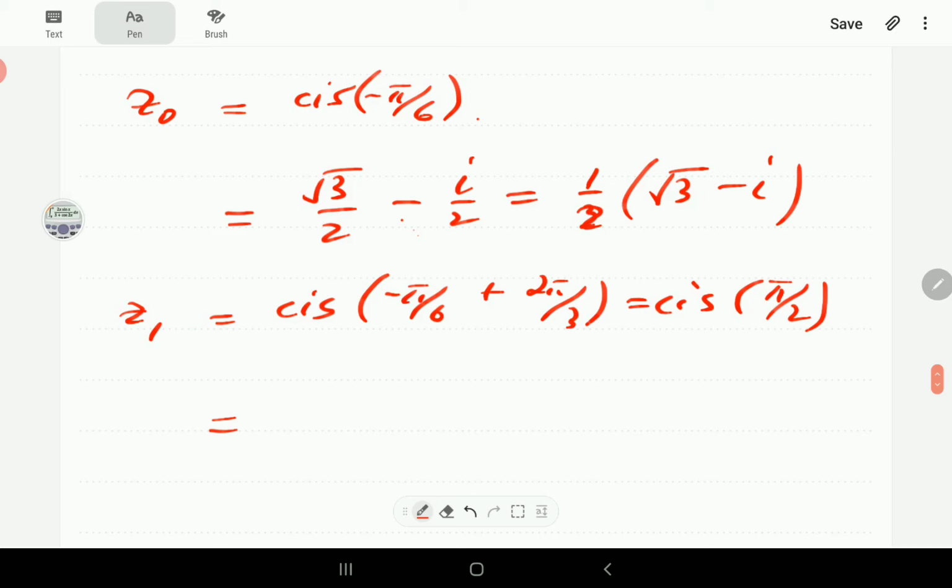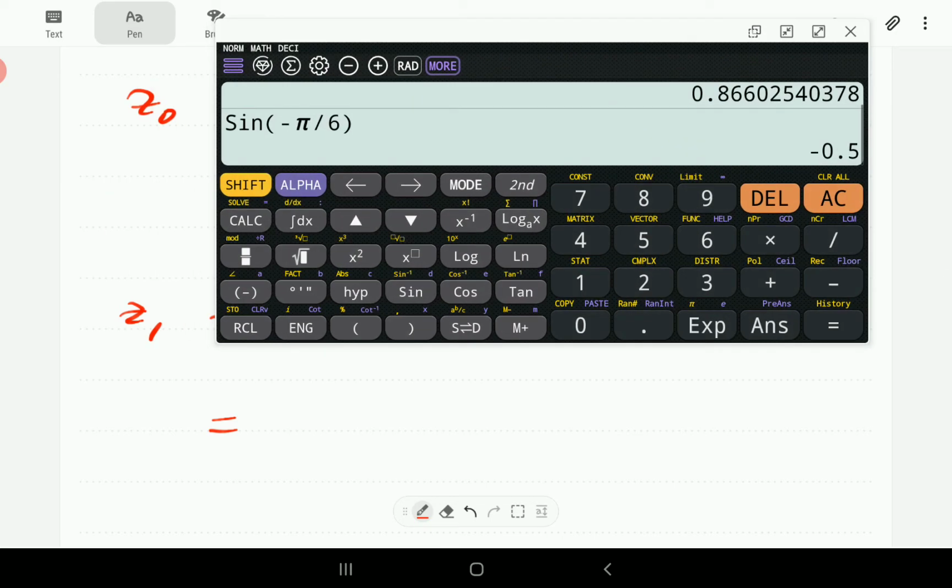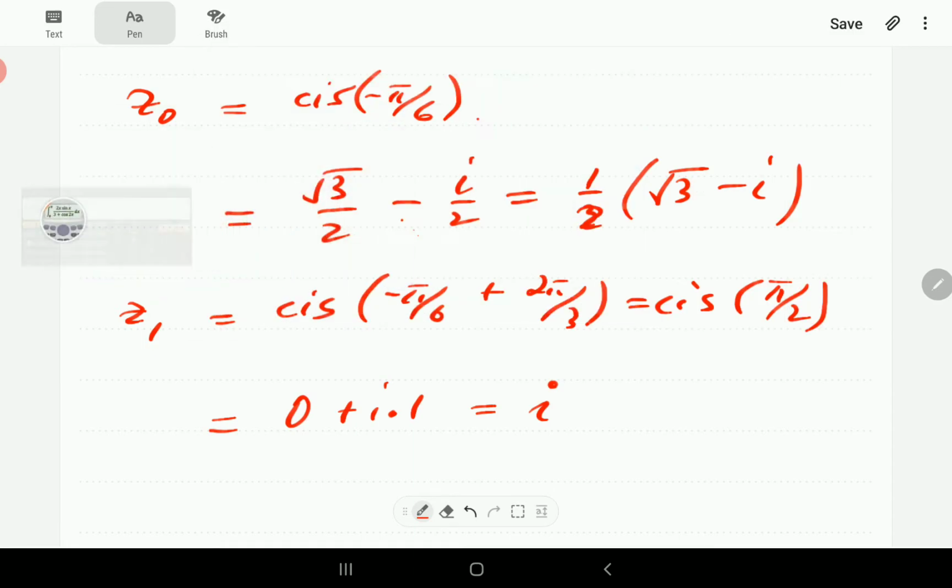Cosine pi on 2 is 0, and sine pi on 2 is 1. So this is 0 plus i times 1, which is equal to i. That is our second root.